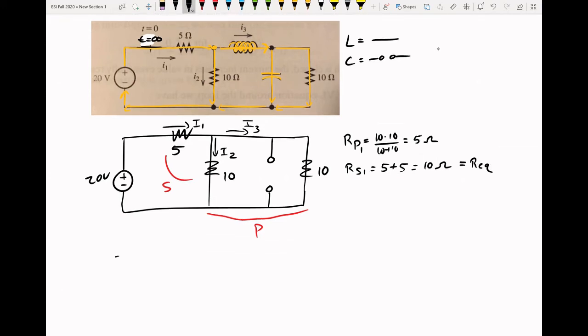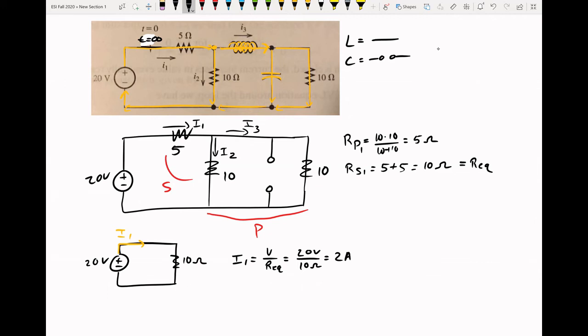So it'll just be this 20 volts. Now if we find the current coming out of this battery, this will be I1. So I1 is equal to V over R equivalent, which is 20 volts over 10 ohms, giving us a total of 2 amps for I1.